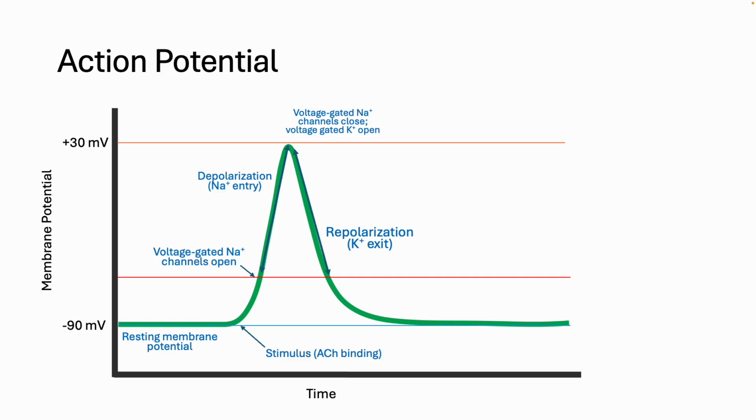This leads to repolarization because the potassium is going to exit the cell. So now the membrane potential is becoming more negative since you're losing the positive charge from the potassium. And then eventually you reach a point where the voltage-gated potassium channels close and another muscle contraction can happen.